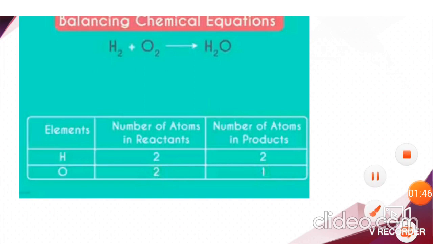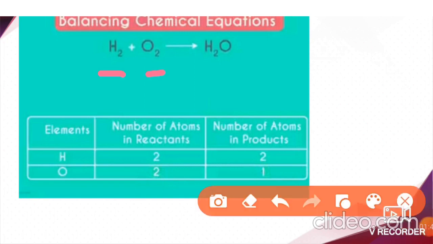In this reaction, how many types of elements are present? Hydrogen and oxygen. Only 2 types of elements are present, right or no? So for that reason, I have taken 2 rows. Understood? Here hydrogen and oxygen, only these 2 elements are present in this reaction. For that reason, I took how many rows? 2 rows. Okay? Understood? Yes.